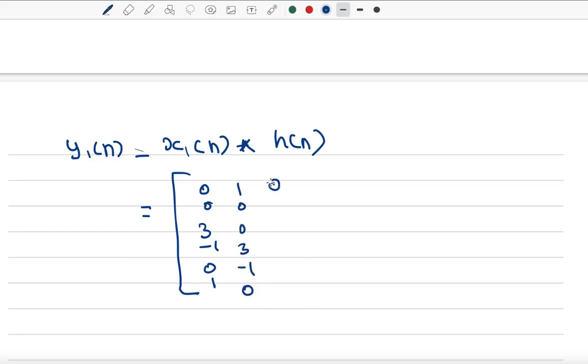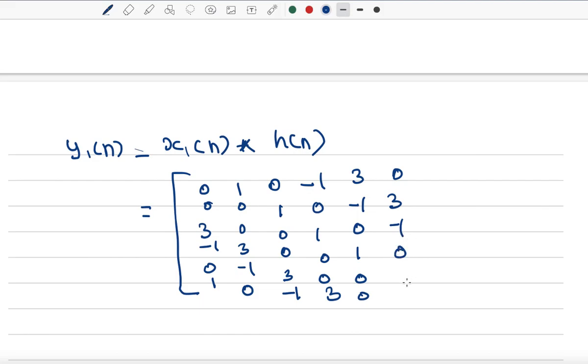Again one shift: 0 1 0 0 3 minus 1. Again one shift: minus 1 0 1 0 0 3. Again one shift: 3 minus 1 0 1 0 0. Again one shift: 0 3 minus 1 0 1 0, multiplied with the impulse sequence 1 1 1 0 0 0.